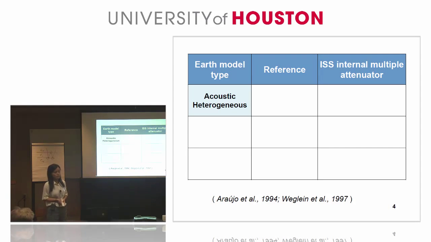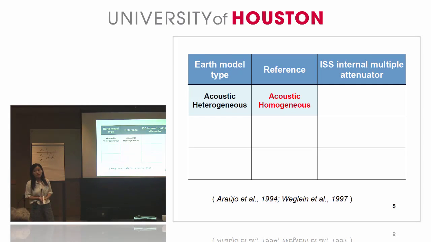So first, if your Earth model is acoustic heterogeneous, and by using a homogeneous acoustic background, Araújo, Weglein, and other colleagues proved that the ISS attenuator can effectively predict the internal multiple with the perfect time and approximate amplitude.